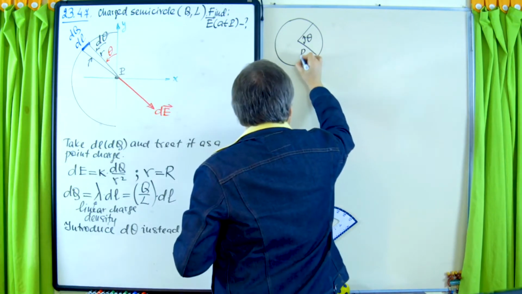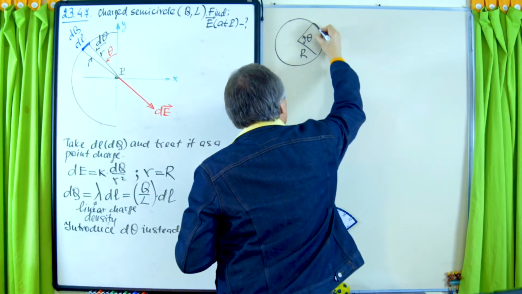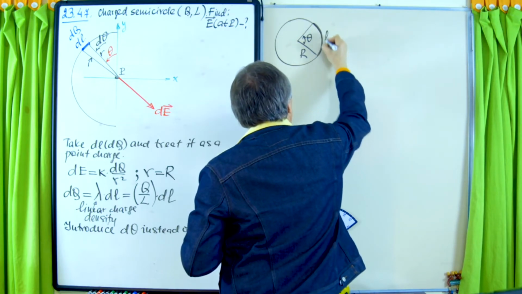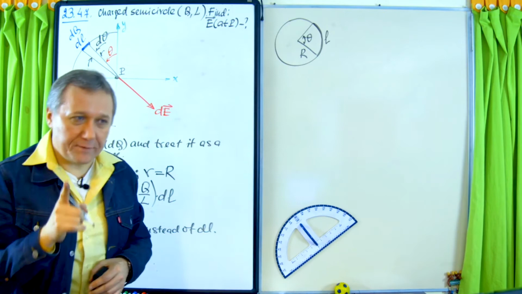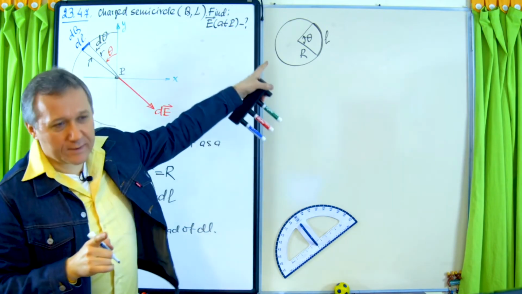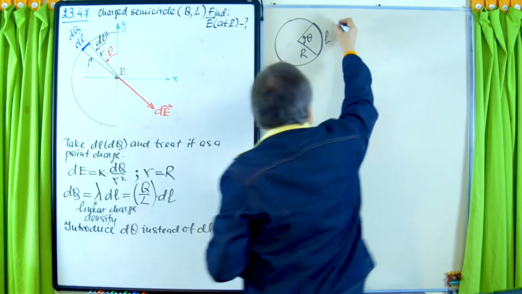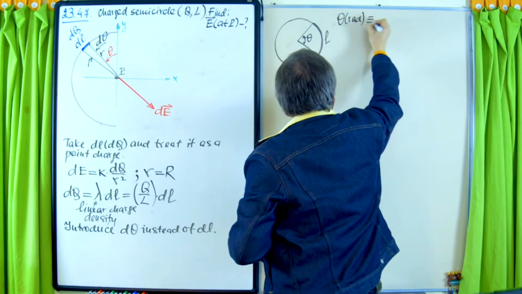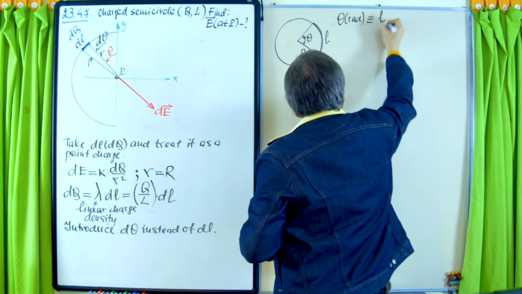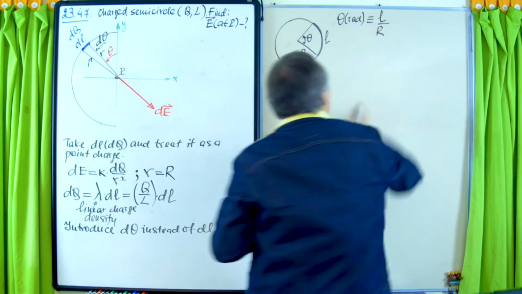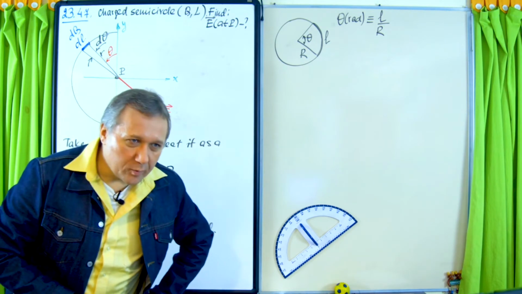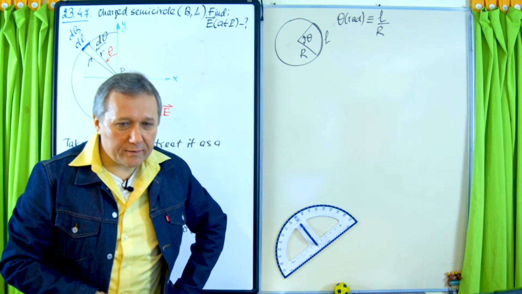This radius is r. This is the arc length subtended by that angle, so let's say L. By definition, angle theta in radians is the ratio of that arc length divided by the radius of the circle. That's how we introduce angle in radians.